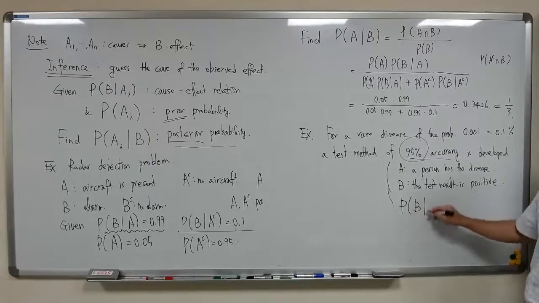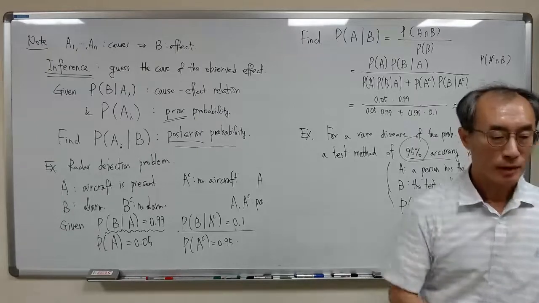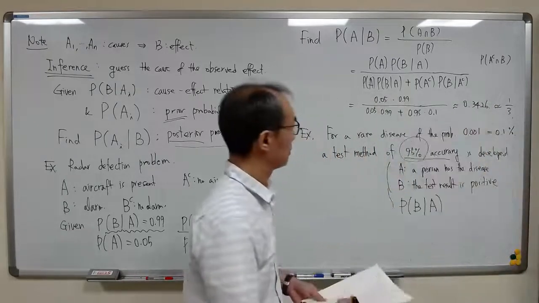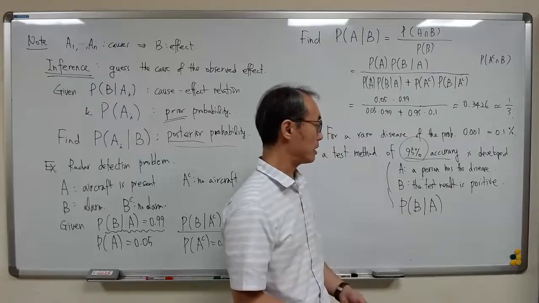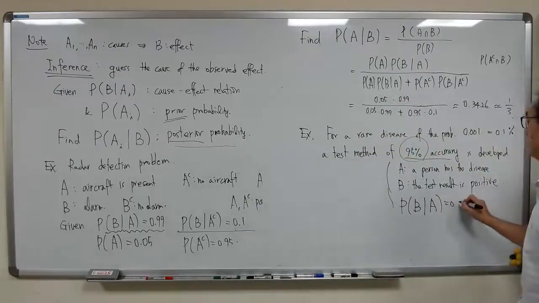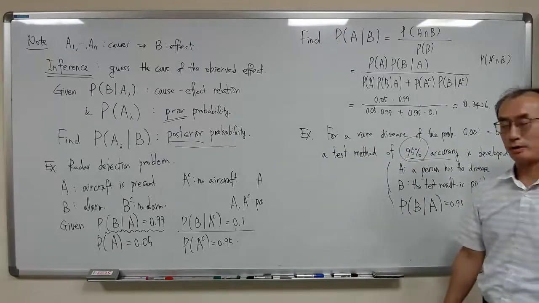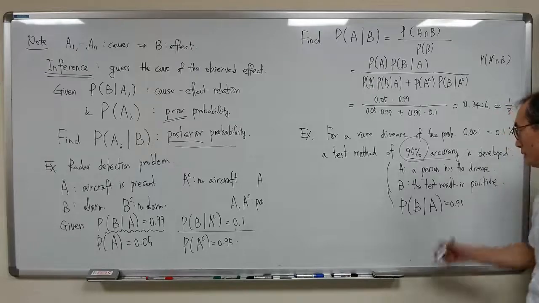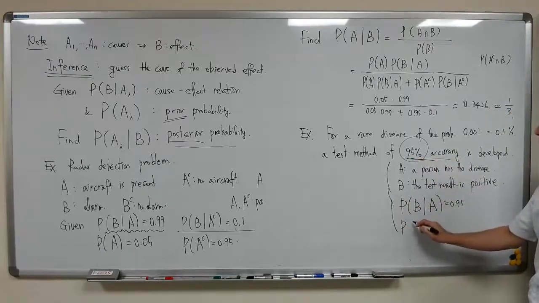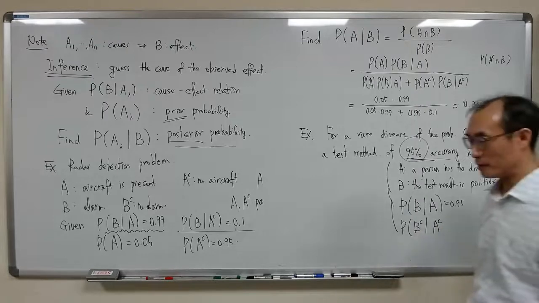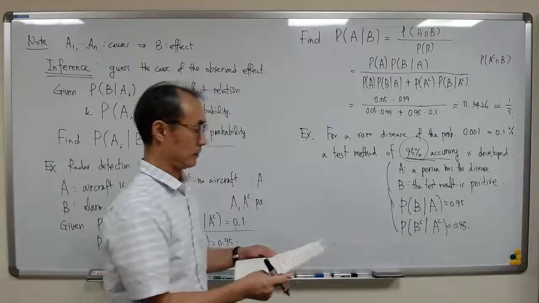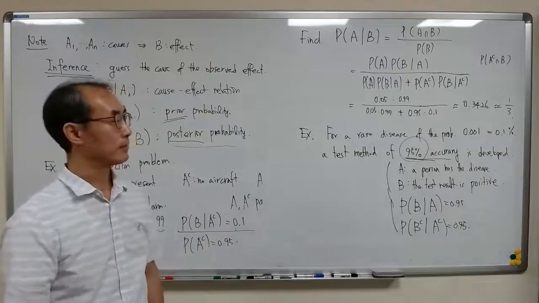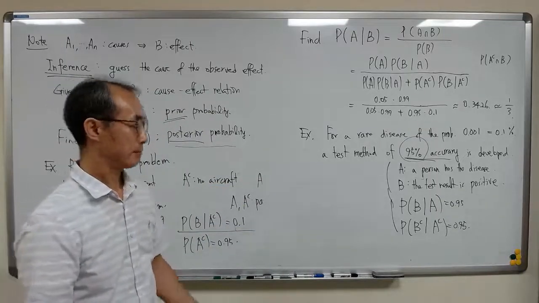Then what does this 95% accuracy mean? The probability of B given A. If the person has the disease, the probability of getting a correct positive test result is 0.95. And what about the false result, false positive? This 95% accuracy also means the probability of a negative result given a person without the disease is also 0.95. That's the meaning of 95% accuracy.